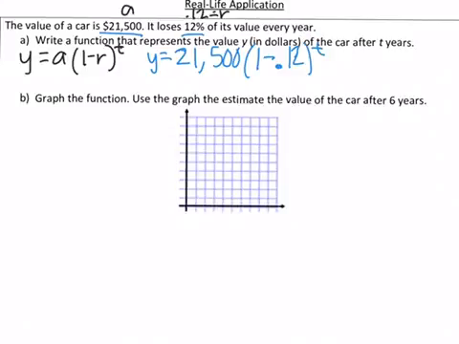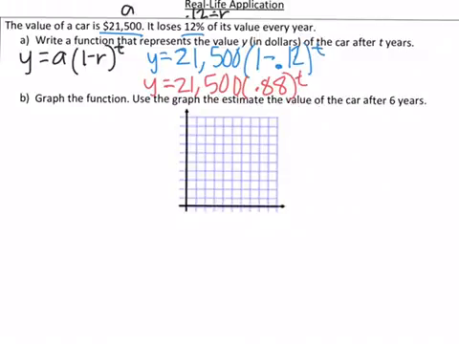So now we just have to simplify, which is just 1 minus 12 hundredths. So when we go ahead and simplify, we are given this final function, 21,500 times 0.88 to the t, and that is what we get.